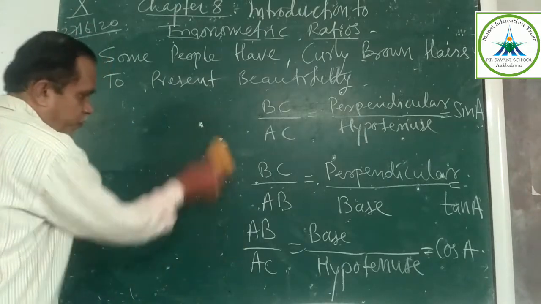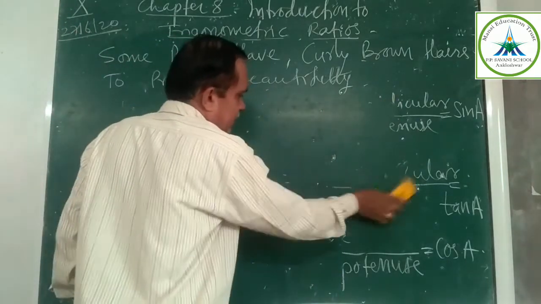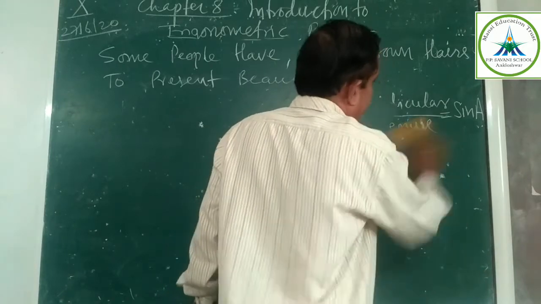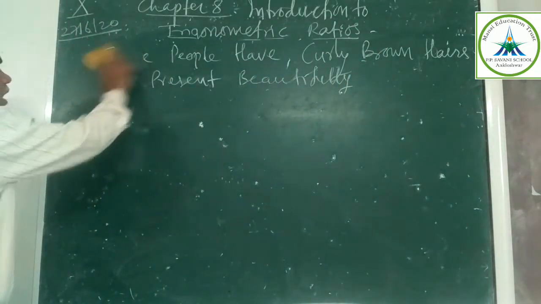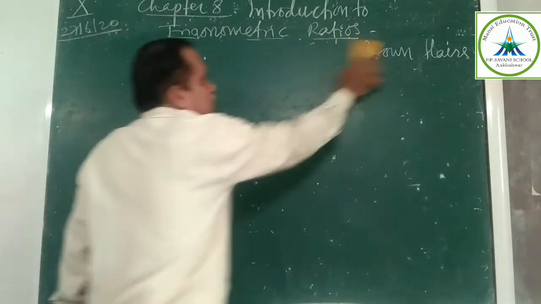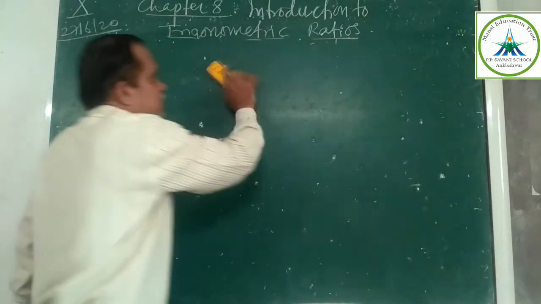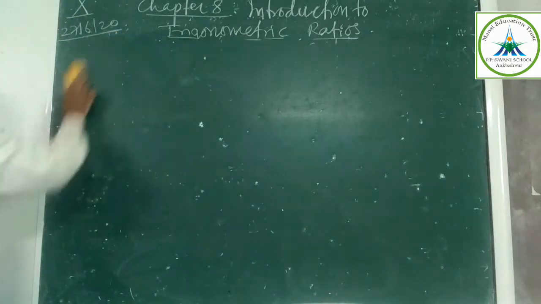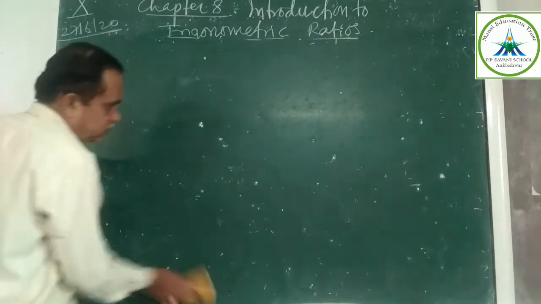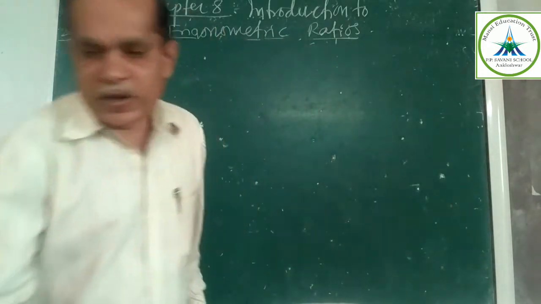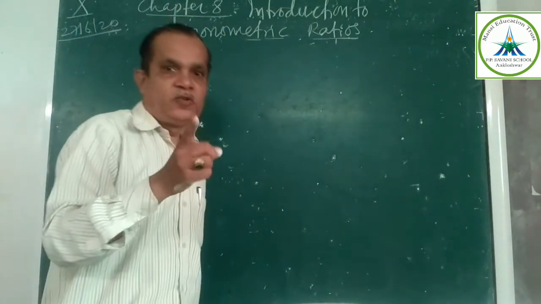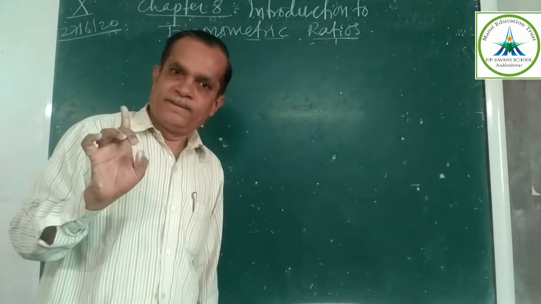Up to now, we learned this in a right angle triangle. How many acute angles are there? Very good. Two acute angles. What is the meaning of perpendicular side? For every acute angle, its opposite side is known as the perpendicular side.